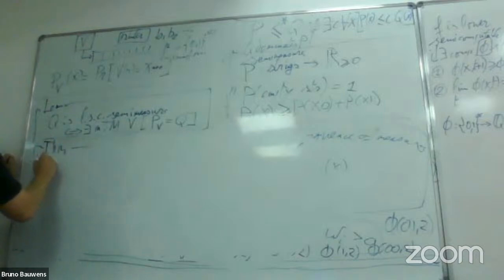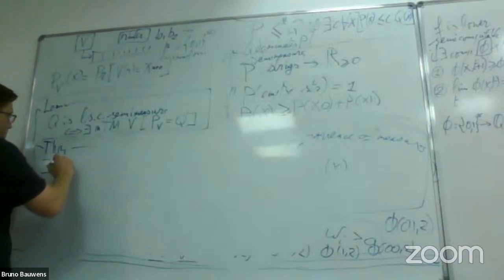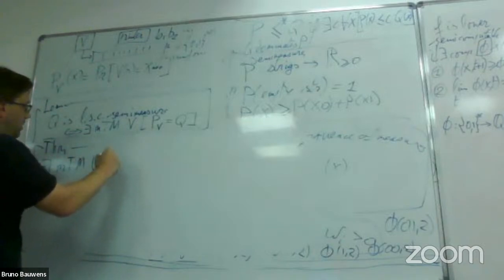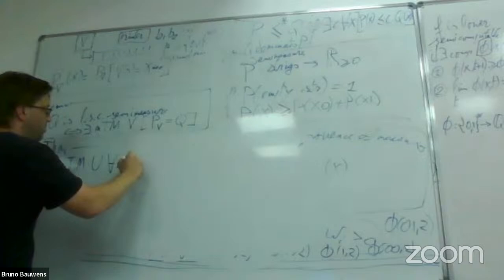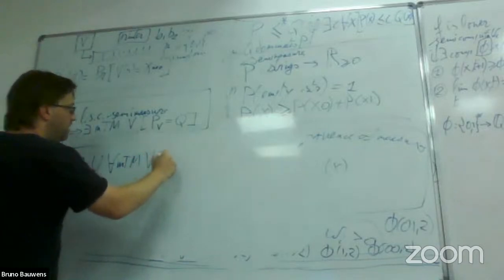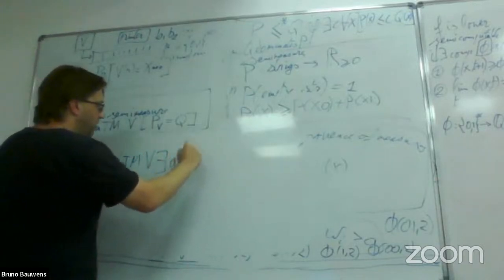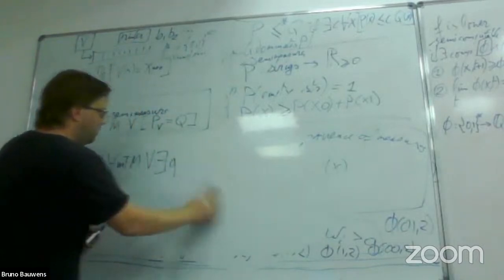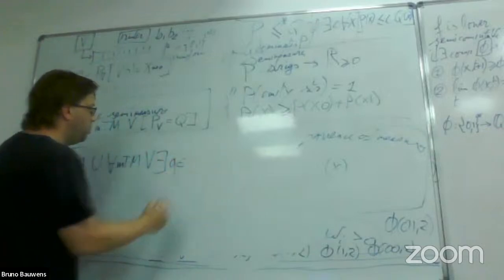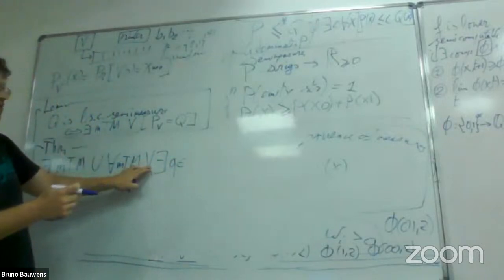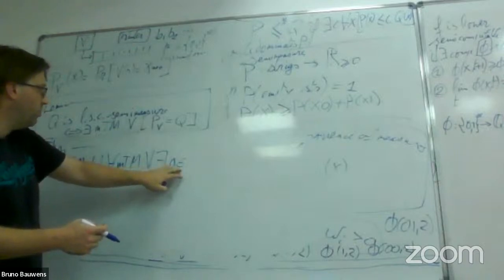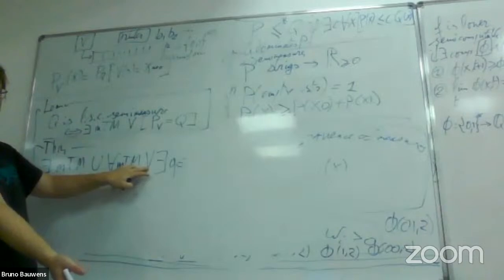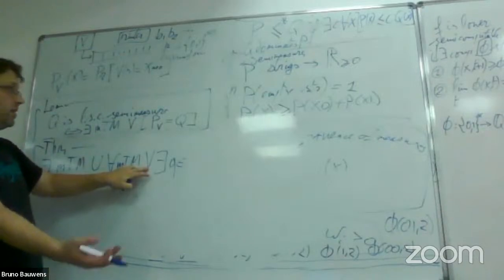So there exists a monotone Turing machine U, such that for every monotone Turing machine V, there exists Q such that for every P. So here Q is a string, let me say it nicely. When we take Q and append randomness for V, U is doing what V is doing. So that's the idea.